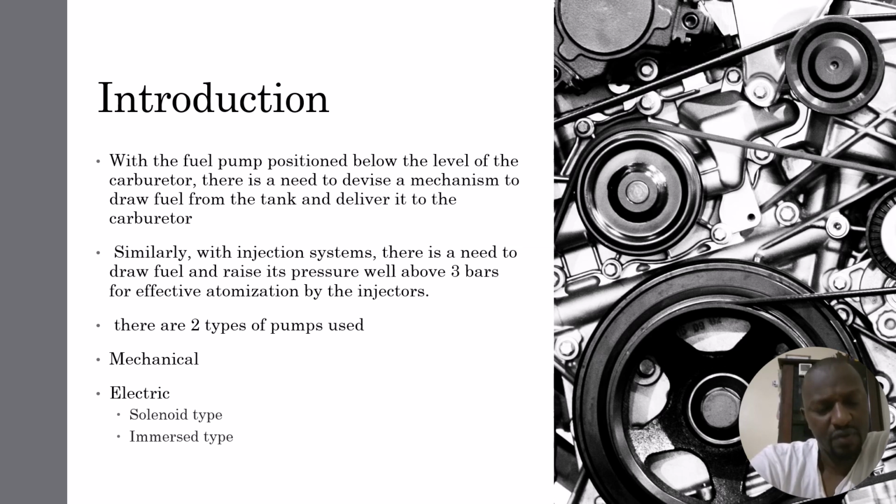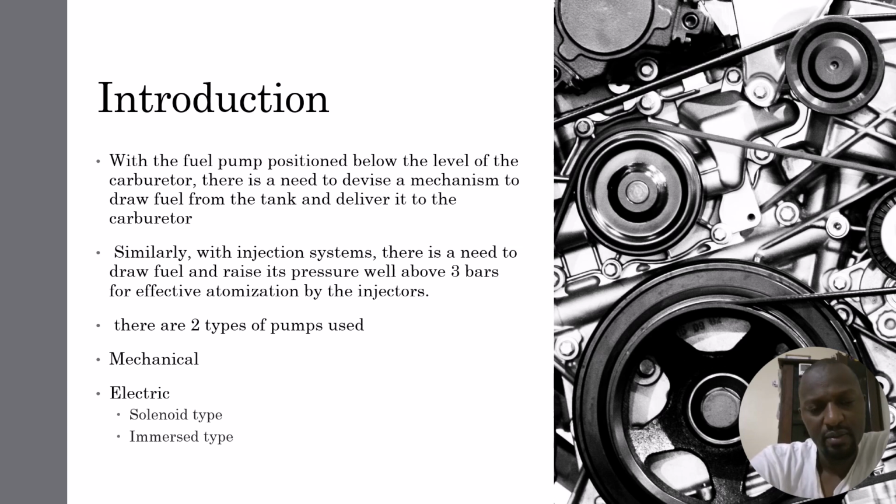Similarly, if you use injection systems, there is also a need to use a bigger pump to draw fuel and raise its pressure well above 3 bars for effective atomization by the injectors.